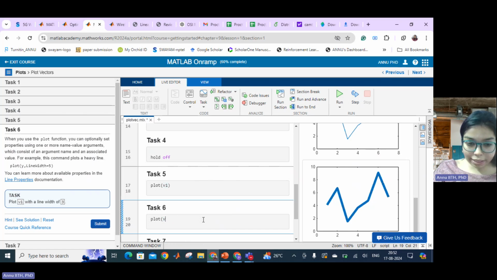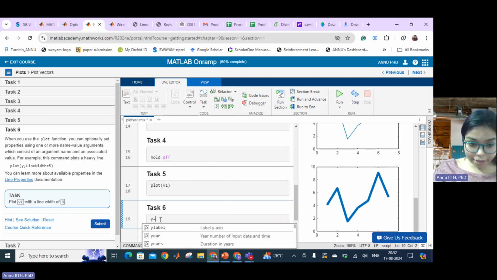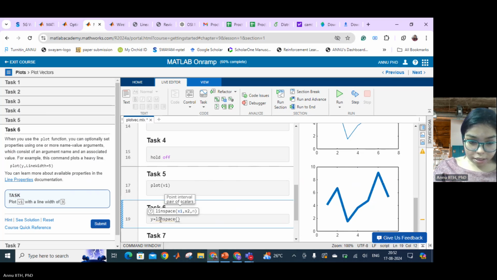Now let's define some value y. Let's say you use linspace from 1 to 5. How many values do you want? 8.